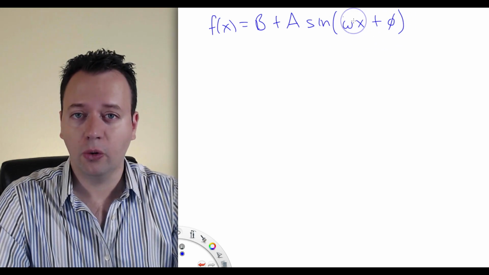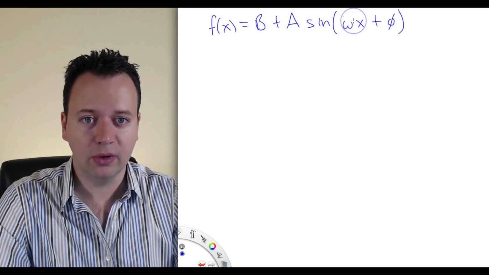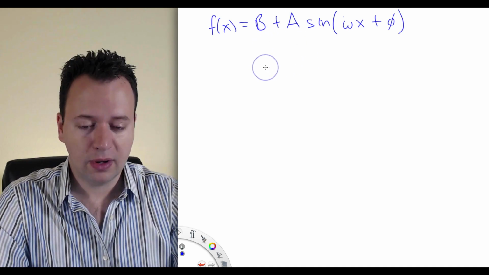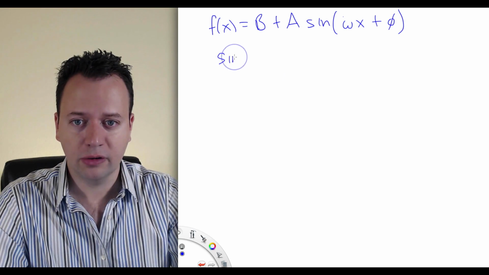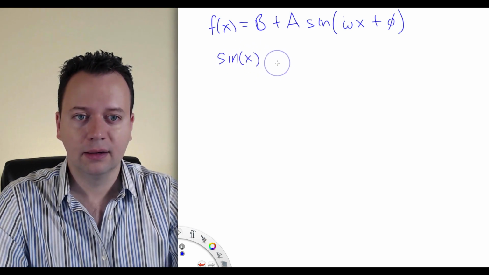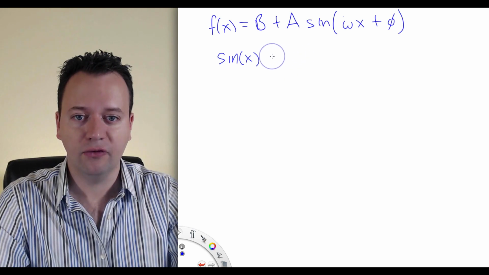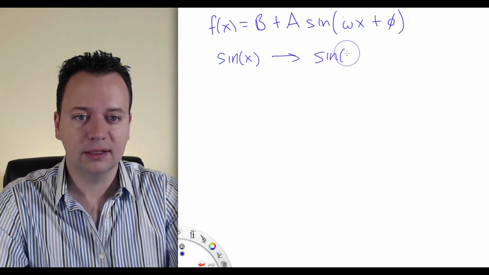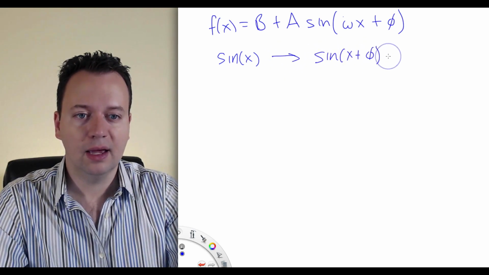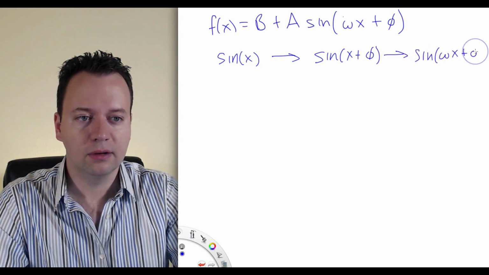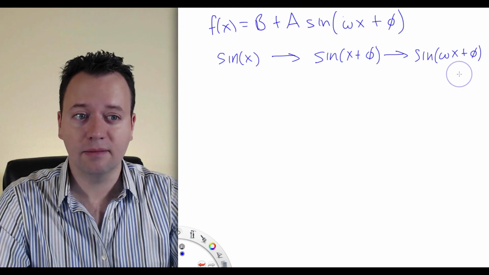Remember, those are horizontal transformations, and then what's happening outside of the function are vertical transformations. So inside, if we just start with sine of x, we can first shift the function by an amount phi. So we get sine of x plus phi, and then we can compress it by a factor of omega, right?